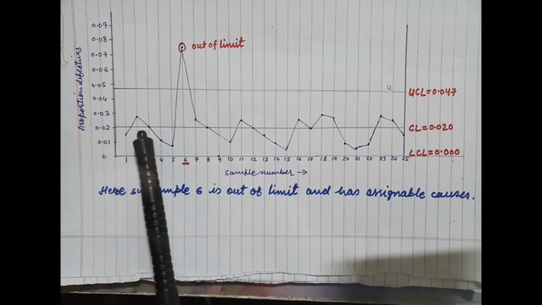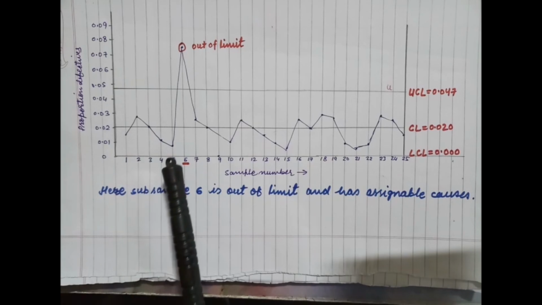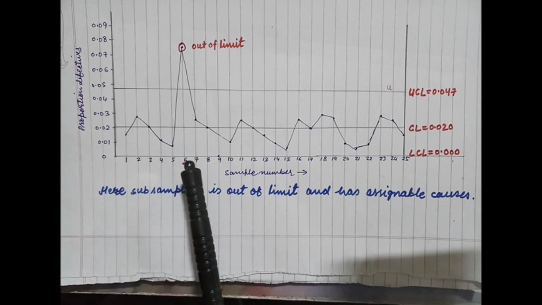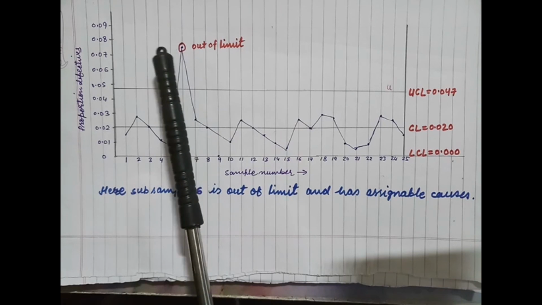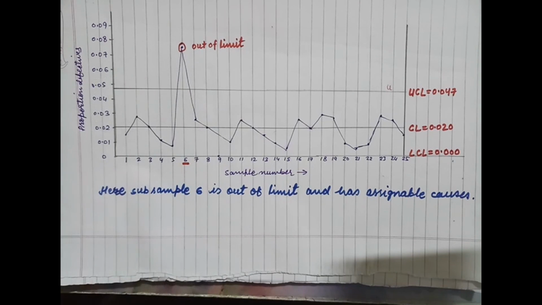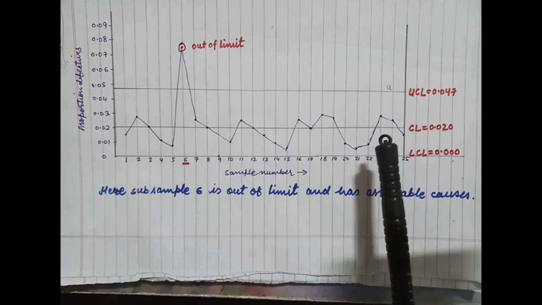In 3, 0.020. In 4, 0.012. In 5, 0.008. But in the case of the 6th subgroup, its value is 0.076 because the number of defectives was 19. In this way we marked all the values on the P chart.